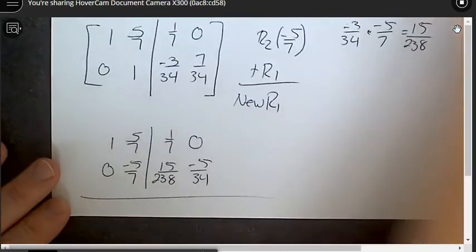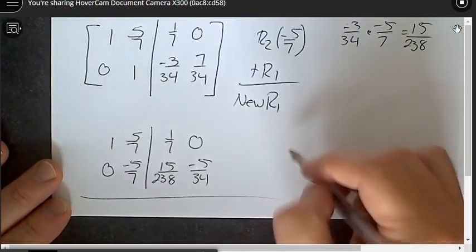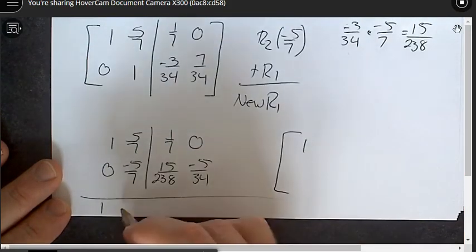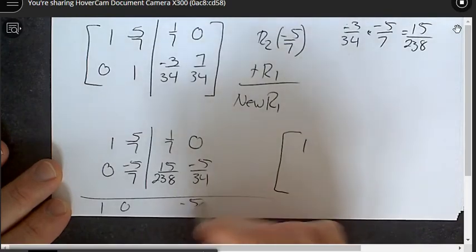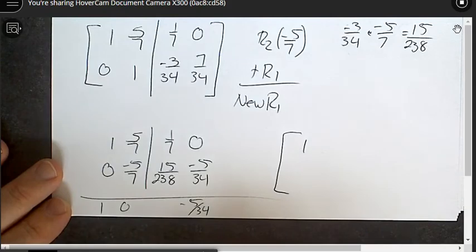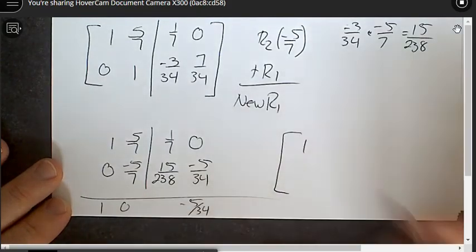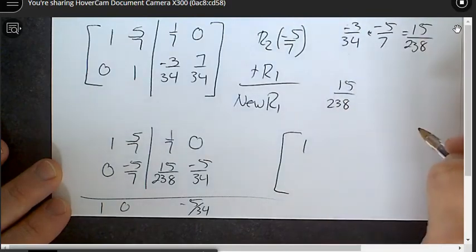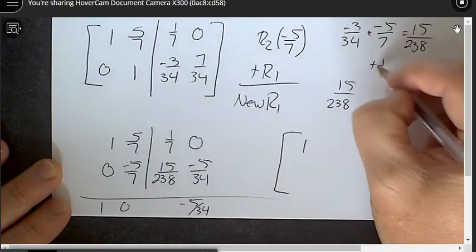Okay, so the numbers aren't bad because that'll go to 0. The hardest thing is going to be, so we add these together, so that's 1, that's 0, that's -5/34. The hard part is just figuring out what this number is going to be. So that is 15 over 238. We're going to add that to 1/7.